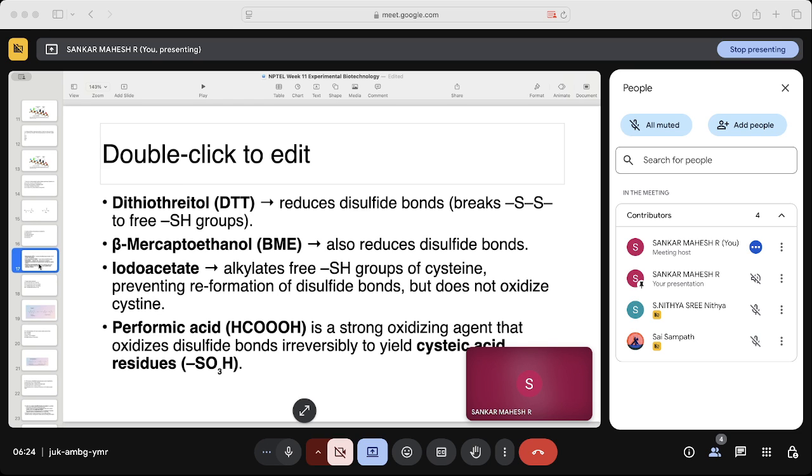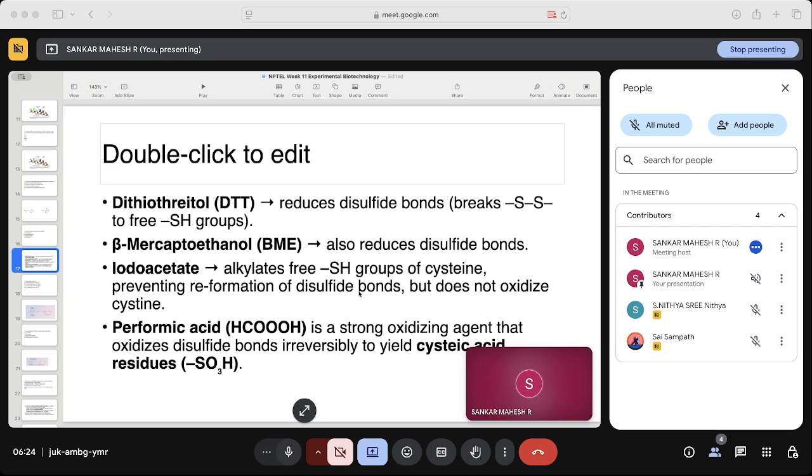Other than this, we have something called iodoacetate. What this does is it chemically modifies the sulfhydryl group, which is the SH group of cysteine. So when this is chemically modified, if this particular cysteine is needed for functionality of a protein, then that cannot happen.